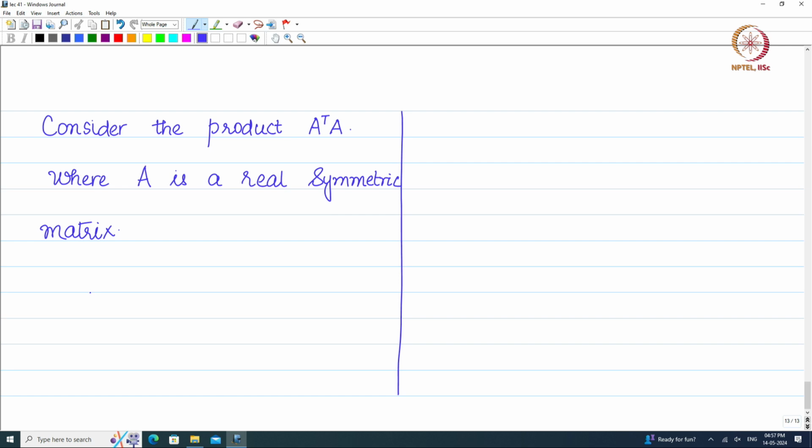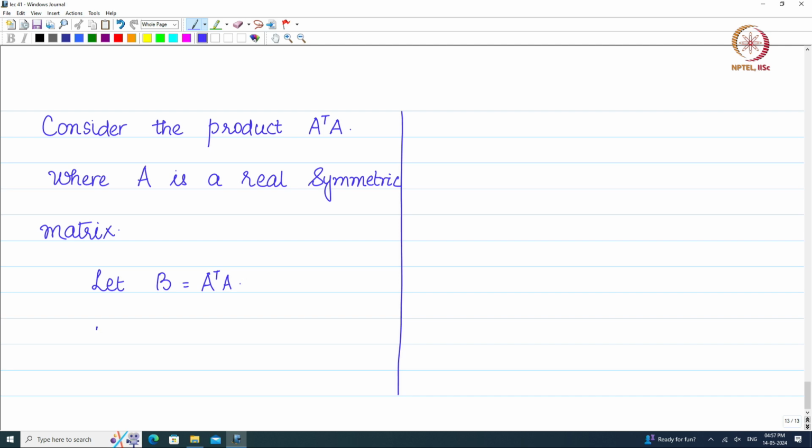What is the product A transpose A? How is that matrix going to be? So, let us look at A transpose A. Let B be the matrix which is obtained as the product of this matrix A transpose A.